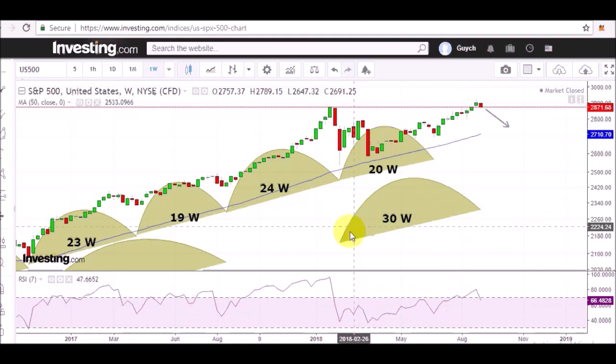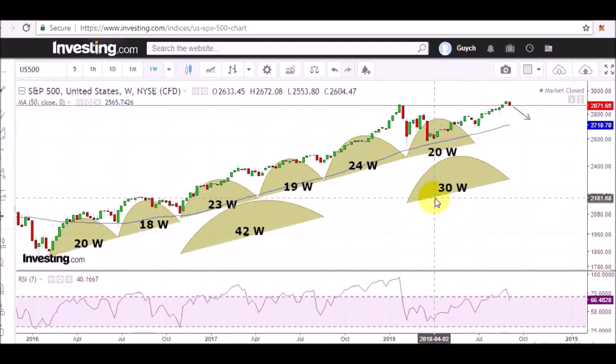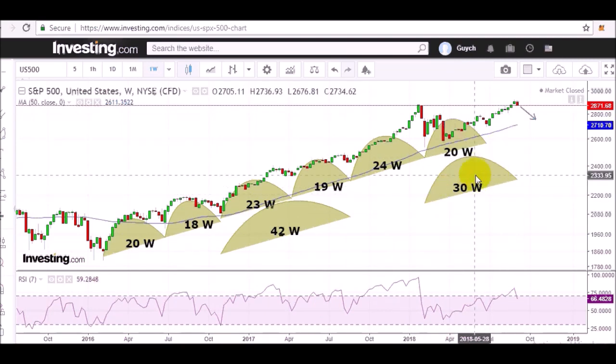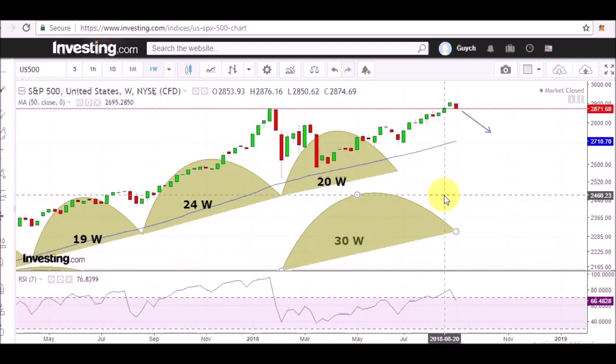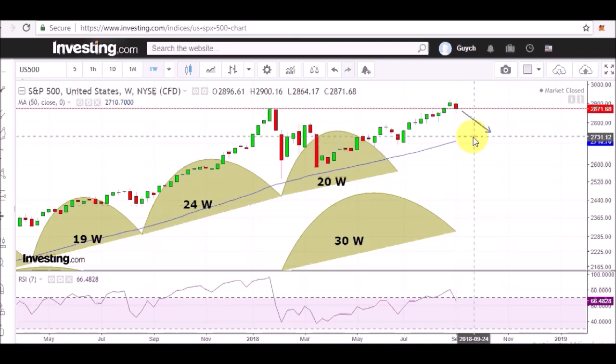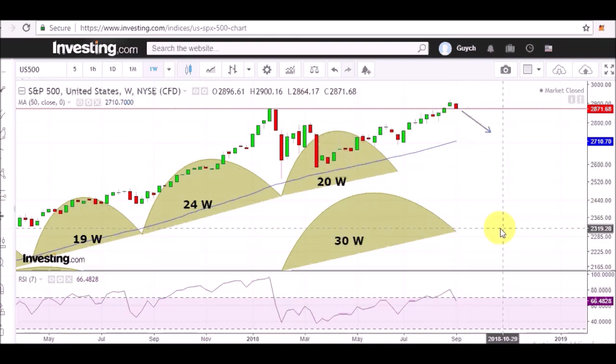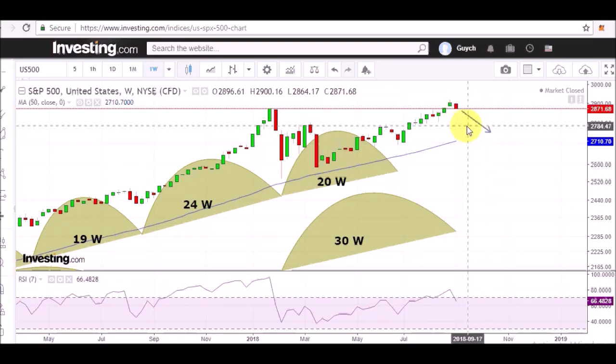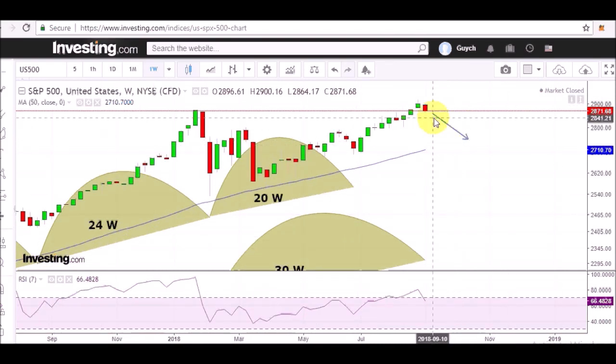Alternatively, we might still be in the intermediate cycle that is going on since February this year. That would give us a 30-week cycle, which is quite possible, but it's getting stretched a little bit already. And in that case, as the cycle comes to an end, a declining phase of this intermediate cycle should get going in earnest, and we would see a considerable decline in the S&P 500 over the next several weeks.